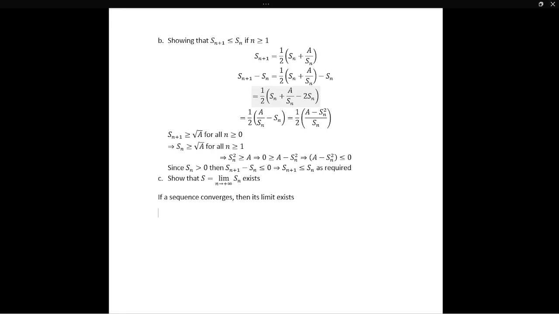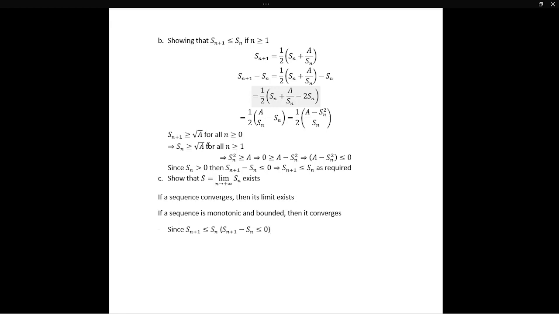Now, when do we say this type of sequence converges? We should also know that if a sequence is monotonic and bounded, then it converges. So in this case we have to justify that since s of n plus 1 is less than or equal to s of n, in fact we are saying that s of n plus 1 minus s of n is less than or equal to 0.